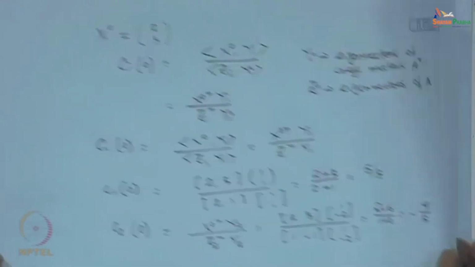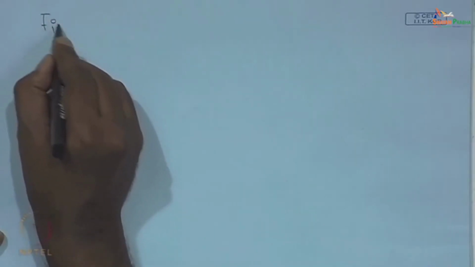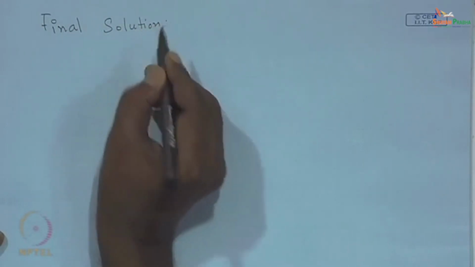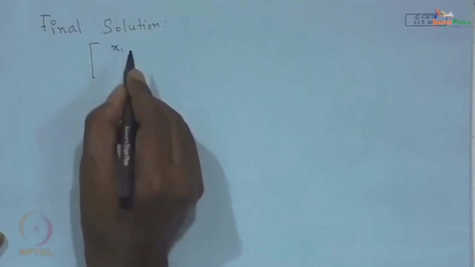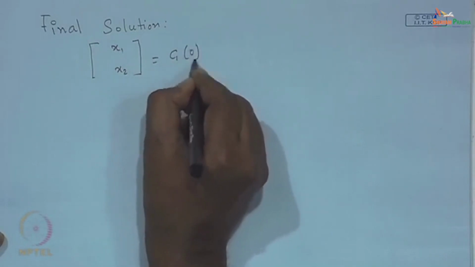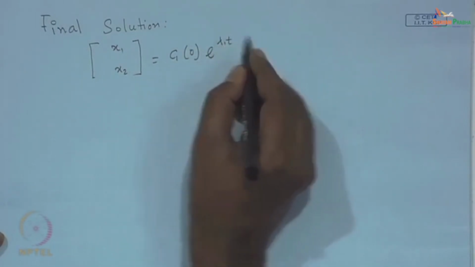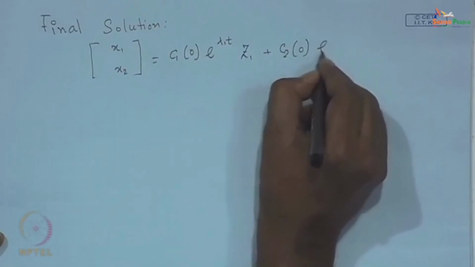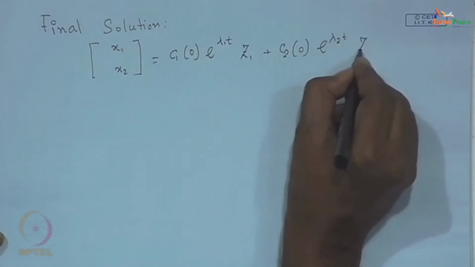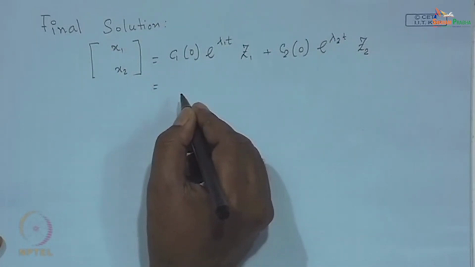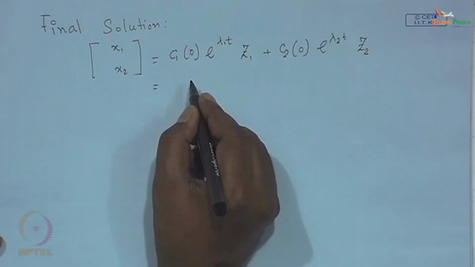Now, we will write down the final solution. If you remember, the final solution is in this form. The final solution becomes x 1 x 2 is equal to C 1 0 e to the power lambda 1 t z 1 plus C 2 0 e to the power lambda 2 t z 2.